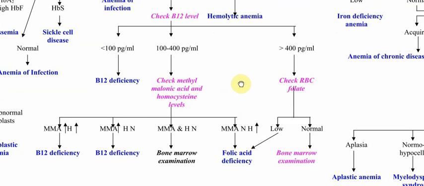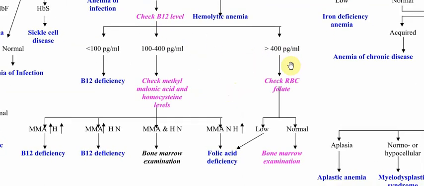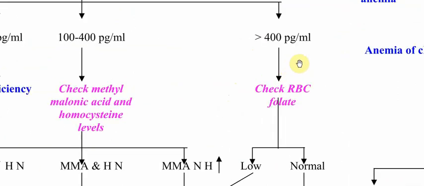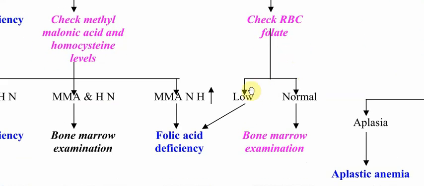Now we go to this part where, based on serum B12 levels, if the value is more than 400 picogram per ml, then we check RBC folate level. If the RBC level of folate is low, then it is folic acid deficiency.